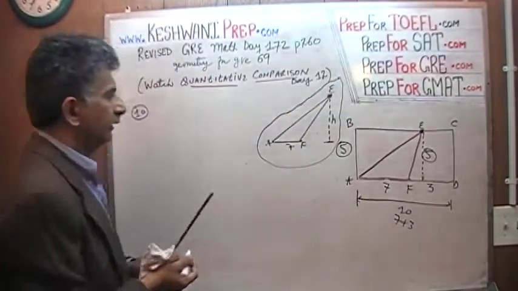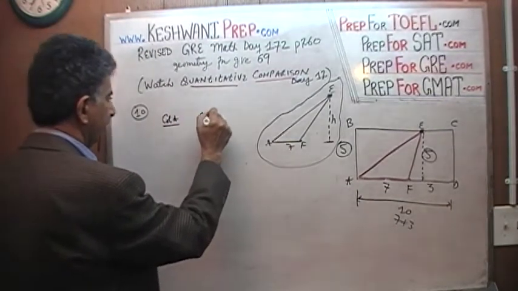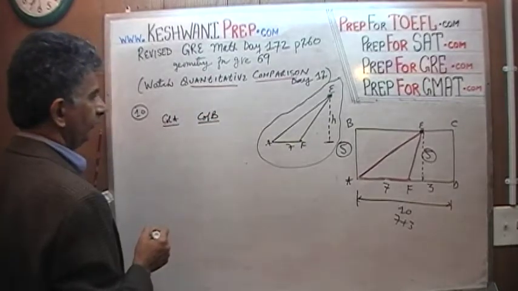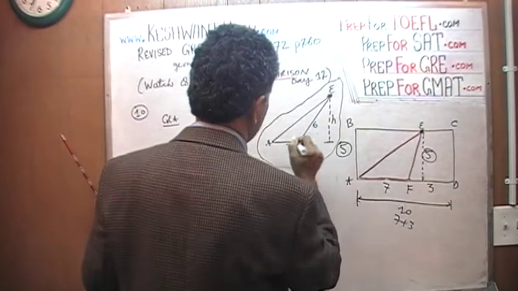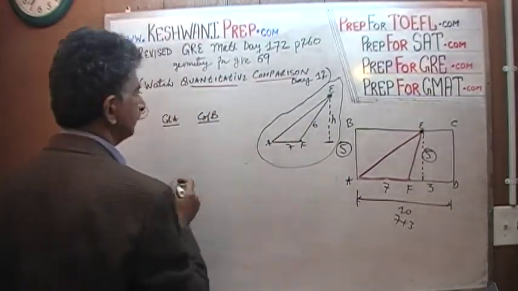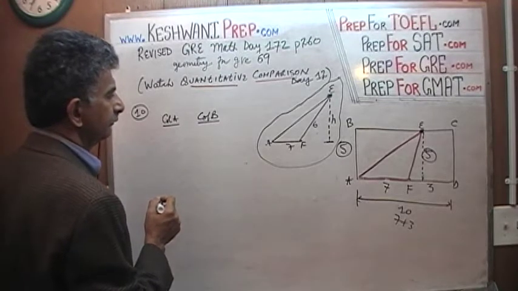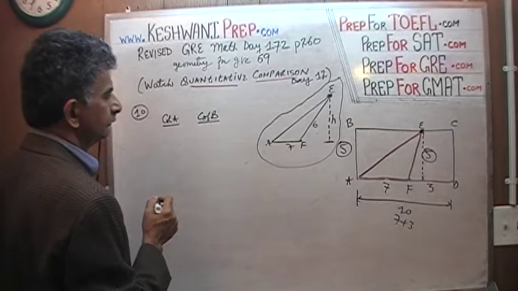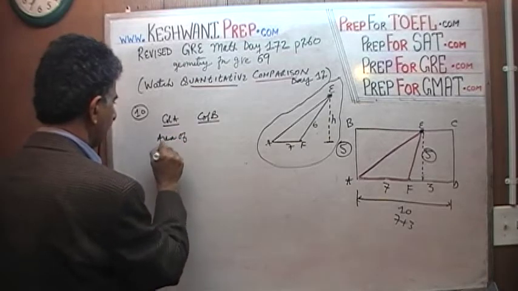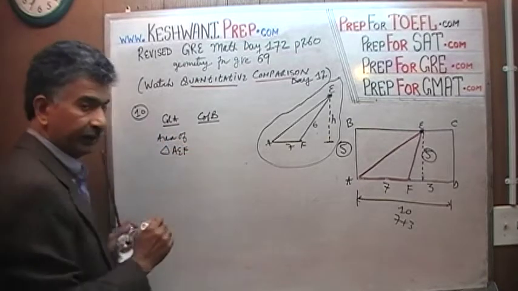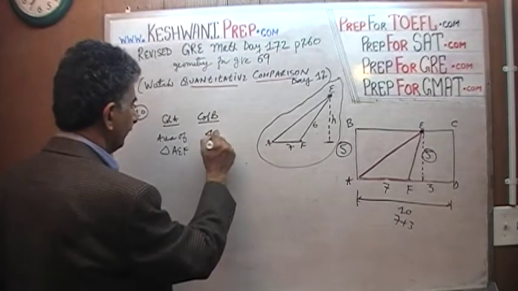You're given a triangle AEF, and here is column A, and here is column B. Area of triangle AEF. I'm just making it up, okay? Just give me a second. Area of triangle AEF versus 42.